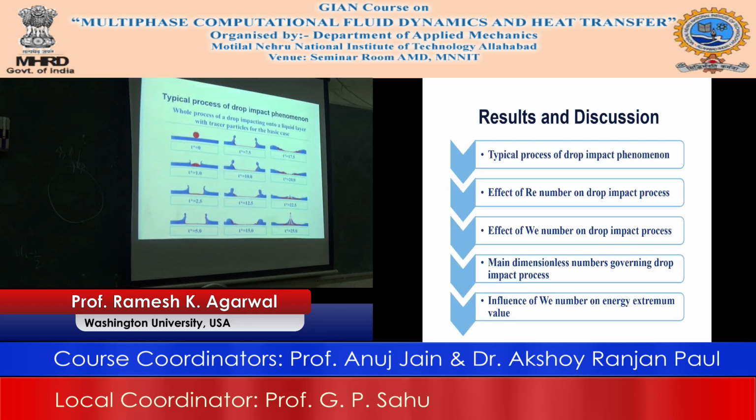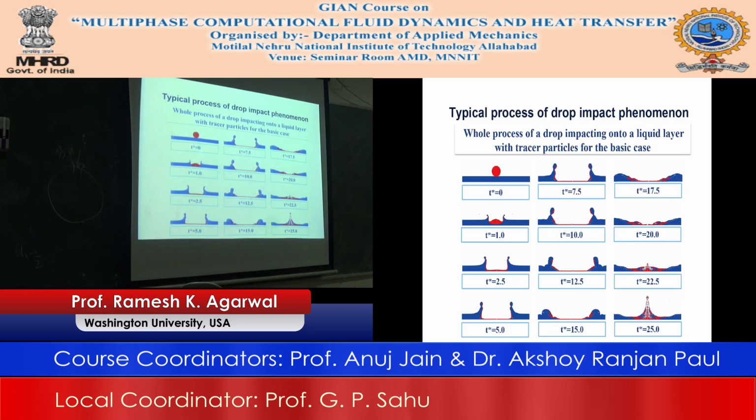Okay. So now again, it is impacting, and it basically shows how this impact is taking place. So this is the droplet, okay, and this is our calculation only. All the comparison is finished. So this is the droplet. This is the thickness of the layer, and here you can vary the viscosity.